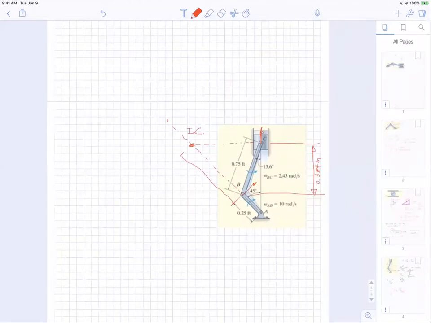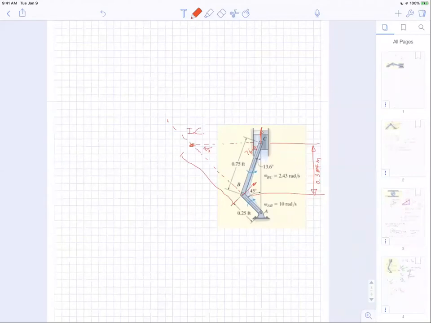Let's put in all the angles. We know that's 45. We know this angle is 76.4, which means that angle in there, because of the three angles inside a triangle, 45 plus 76.4 adds up to 121.